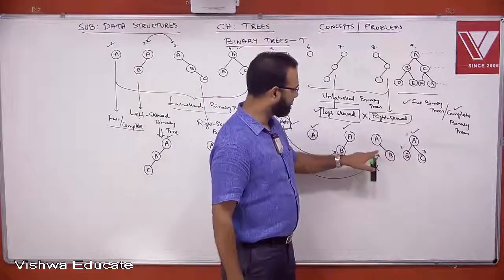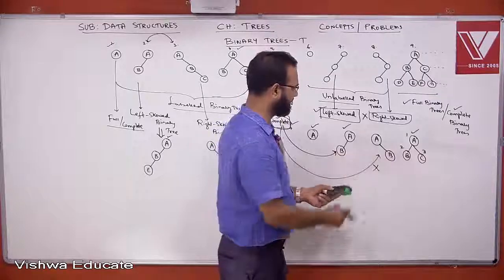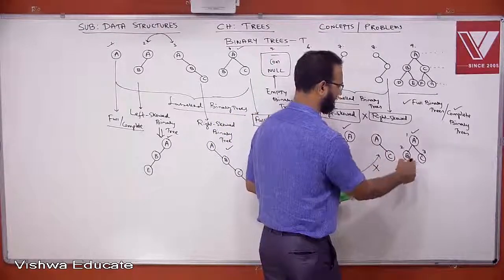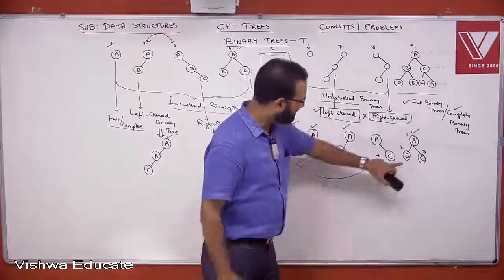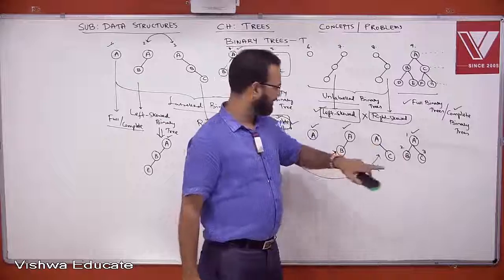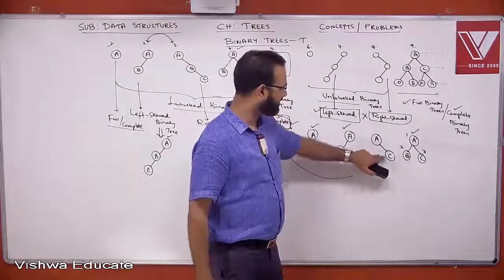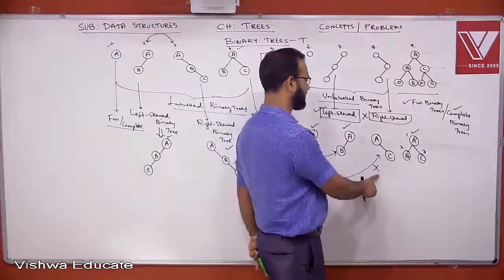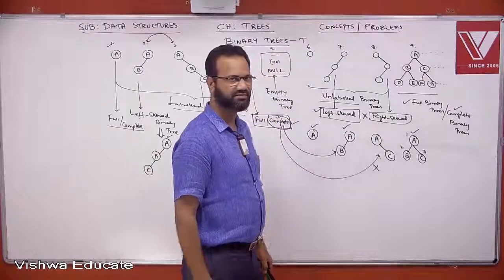But here, let us label this one as C only, for example. Why? Because here A, B, C are there. I have deleted B before deleting C, so there is an empty memory location in between A and C. So this cannot be a complete binary tree.